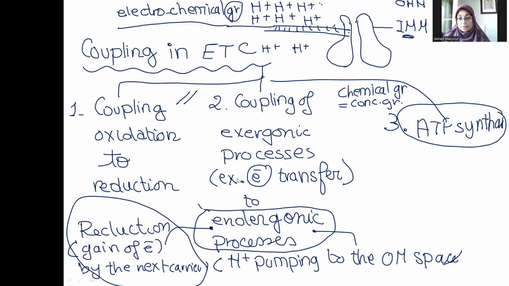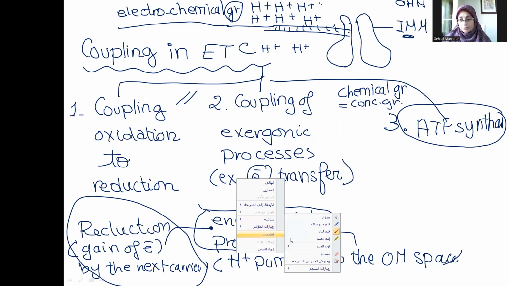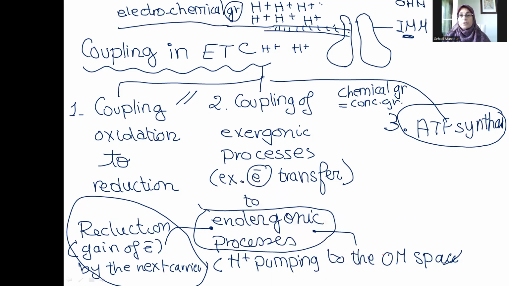Yes, there is a concentration gradient because there is a difference in concentration between the hydrogen ions outside and the hydrogen ions inside the matrix.